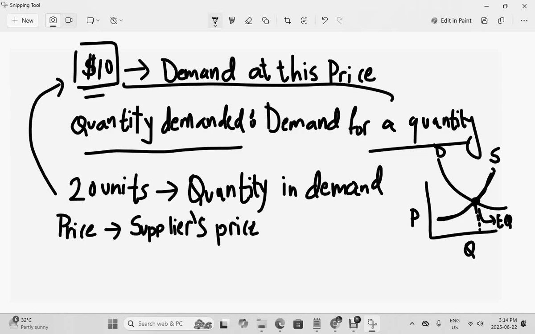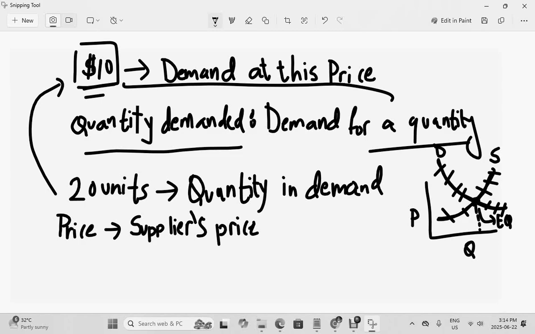However, we also know that as the price goes up, the demand for this product will go down. So demand and price have an inverse relationship. As one goes up, the other goes down. And this is movement along the curve.